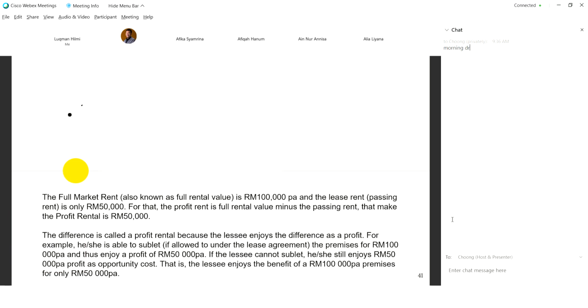So what happened here is that we have the full market rental. Sekarang ni yang full market rental adalah 100,000.